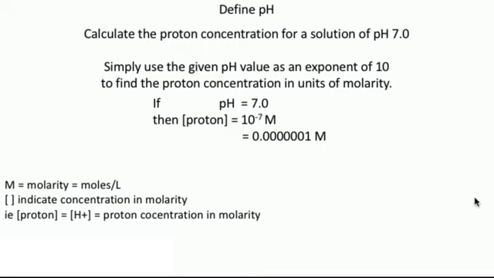It really has to do with the basic definition of pH, and it's simply a way of avoiding writing 0.0000001 molar. That is 1, 2, 3, 4, 5, 6, 7 decimal places to the right of the decimal point.